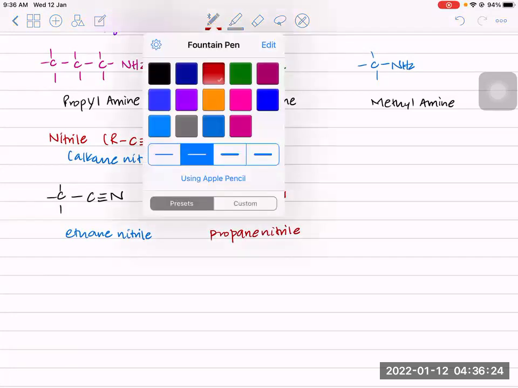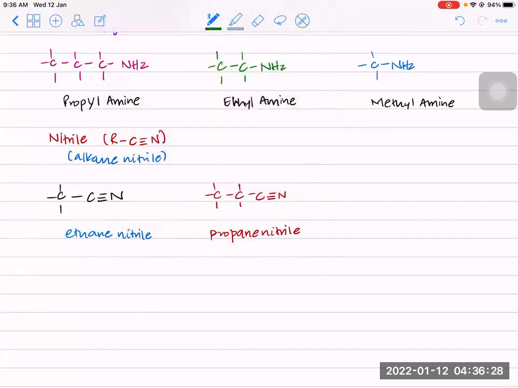Let's see this. This right here is butane nitrile. Yeah, 4 carbons is butane nitrile, 3 is propane nitrile, 2 is ethane nitrile.